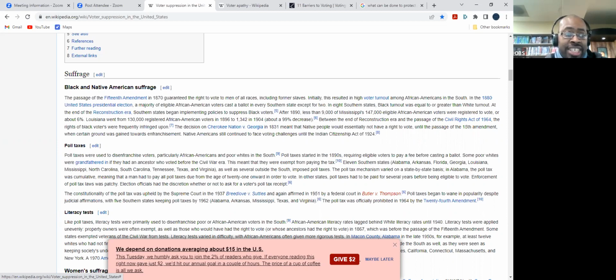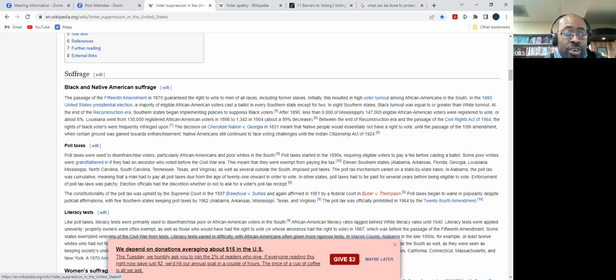At the end of the Reconstruction, southern states began implementing policies to suppress Black votes. After 1890, for example, less than 9,000 of Mississippi's 147,000 eligible African American voters was registered to vote, or about 6% of the African American population.